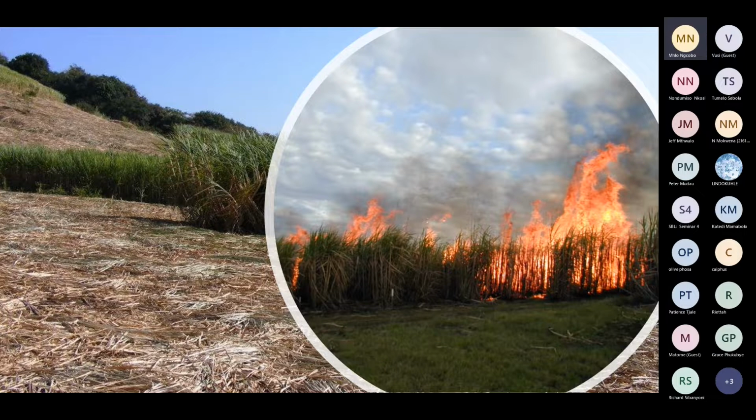The standard drops for green cane harvesting, because there's a lot of work that needs to be done. So it would be 3 to 4 tons for green cane harvesting, and between 3 to 6 tons for cane that has been burnt. The reason for these variances is, as I explained, that there is more work to be done on green cane harvesting, as opposed to the one that has been burnt.